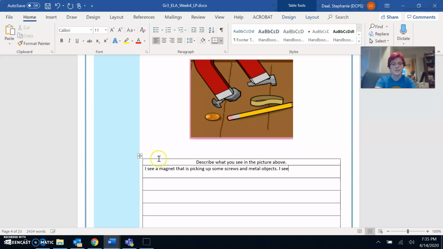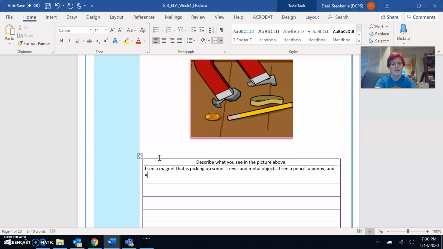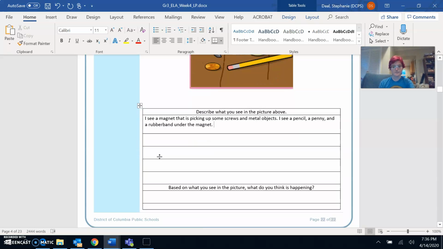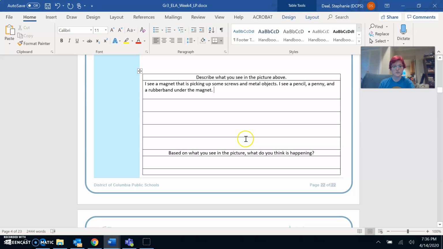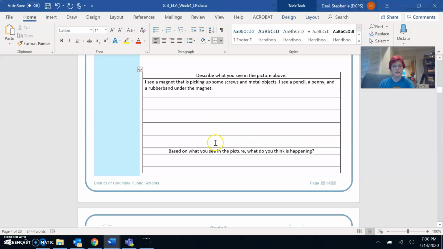I see a pencil, a penny, and a rubber band under the magnet. Okay. Based on what you see in the picture, what do you think is happening?